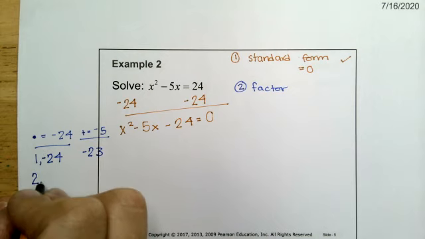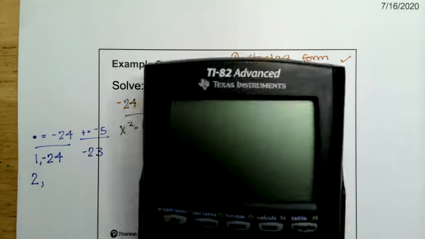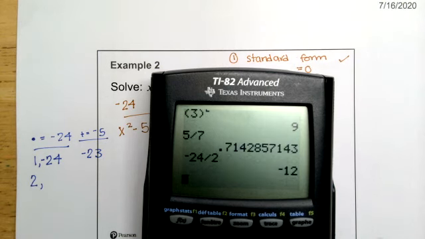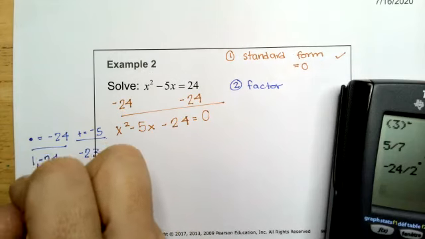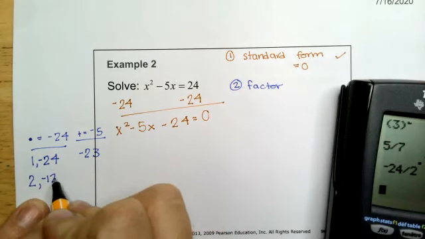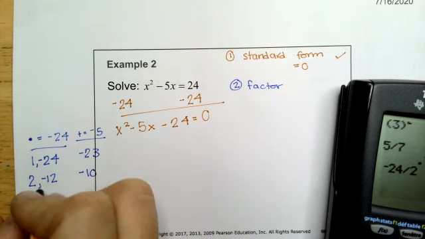2, if I took 24 and divided it by 2, what would I get? Don't hesitate to use your calculator, right? And you can even type it in as a negative. Negative 24 divided by 2 is negative 12. Again, I'm going to make the bigger number my negative because I want, when I subtract them, to get a negative number. So negative 12 plus 2 is a negative 10.